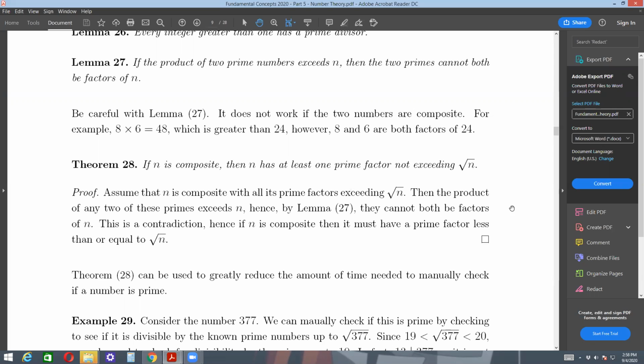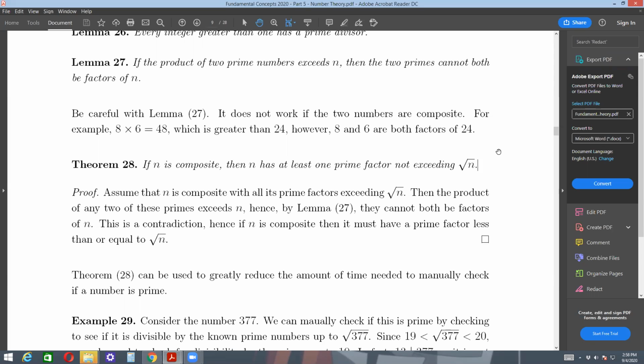So if you wanted to check whether 311 is prime, what you're going to have to do is divide 311 by all the prime numbers less than or equal to 17. Obviously, 2 and 3, you could check 3. The digits don't add up to a multiple of 3, so that doesn't work. 5 doesn't work. 7 doesn't work. 11 doesn't work. 13 doesn't work.